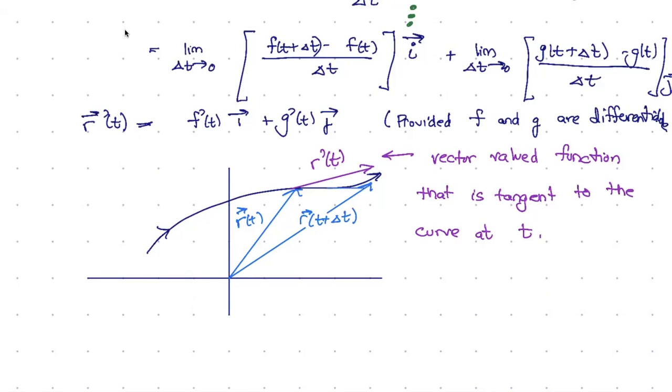In between here, of course, we have our difference between r of t plus delta t and r of t.